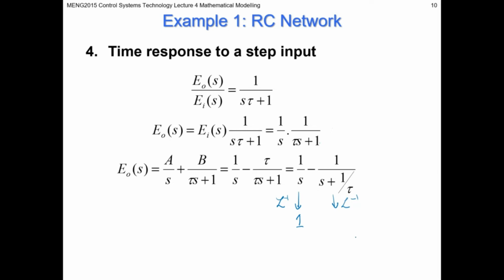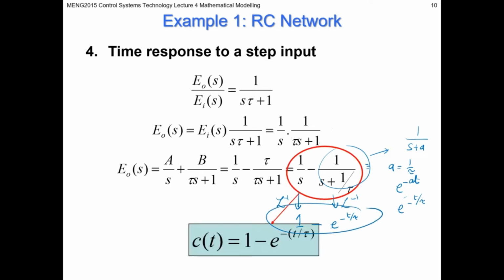And we also know the inverse Laplace of this, because this is in the form of 1 over S plus A, where A equals 1 upon tau. And we know the inverse Laplace of that is going to be e to the minus at, so that's going to give us e to the minus t upon tau. Right, so that's our output.